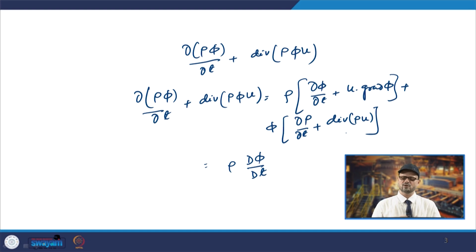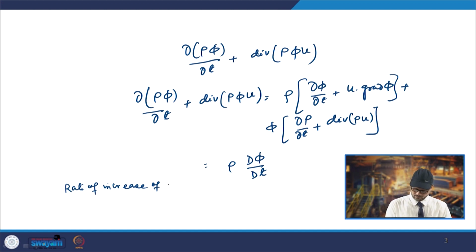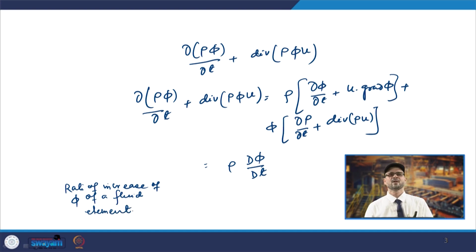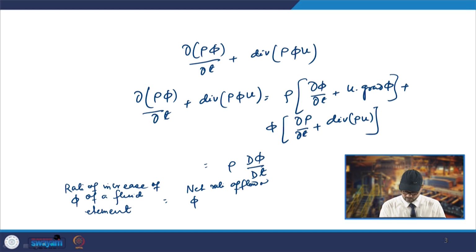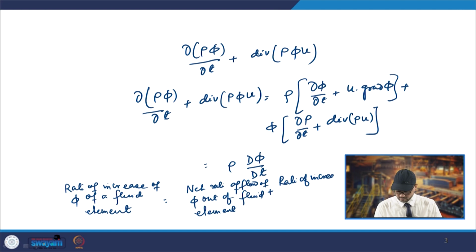So, what is coming out of this expression is that the rate of increase of any property phi of a fluid element, that is your Dφ/Dt, the substantial derivative, will be the net rate of flow of phi out of the fluid element plus the rate of increase of phi for a fluid particle.